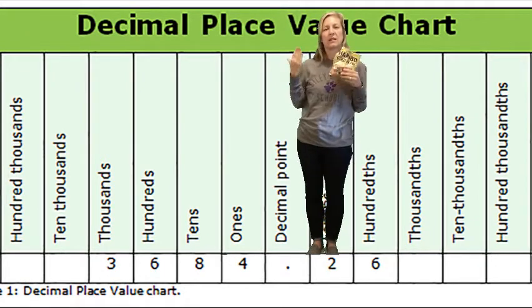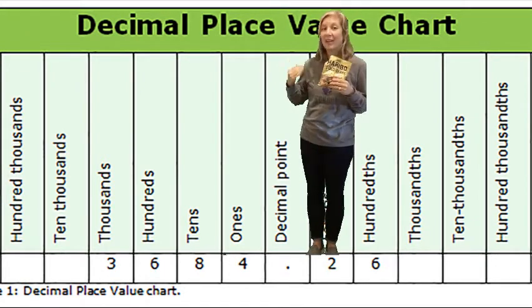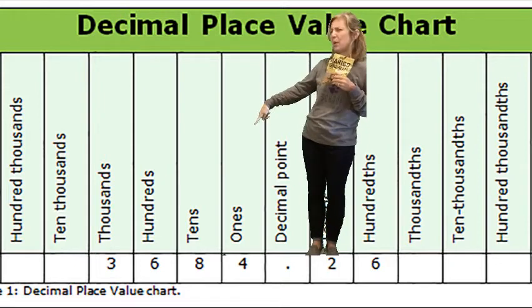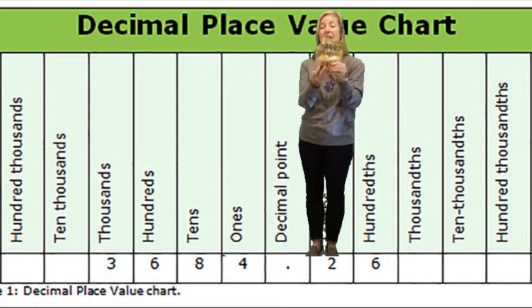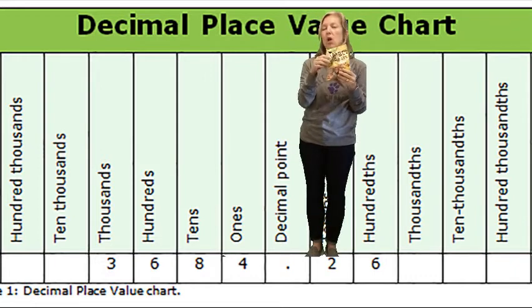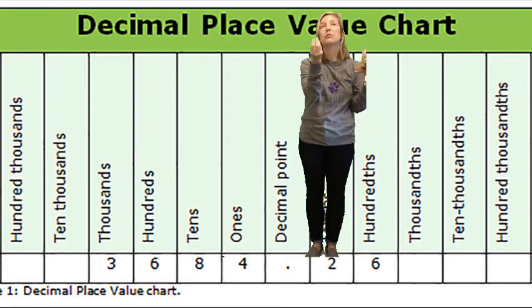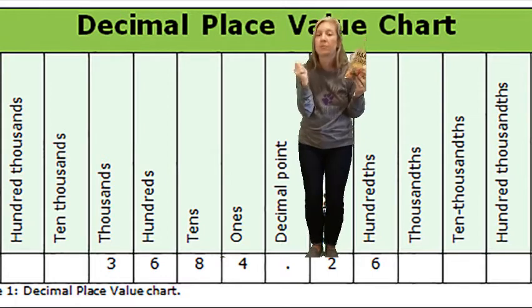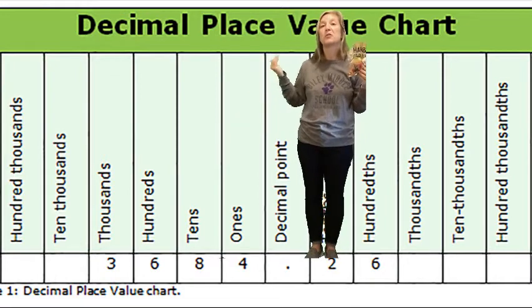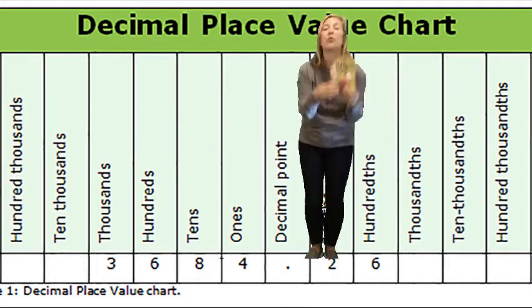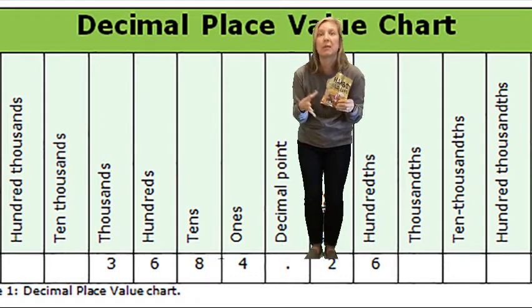So let's talk one digit at a time. I've got that 3 down there. What does that 3 represent in terms of gummy bears? How many gummy bears would Mrs. Klupel be able to feast on if this were the amount that she had? So that 3 represents 3,000 gummy bears.